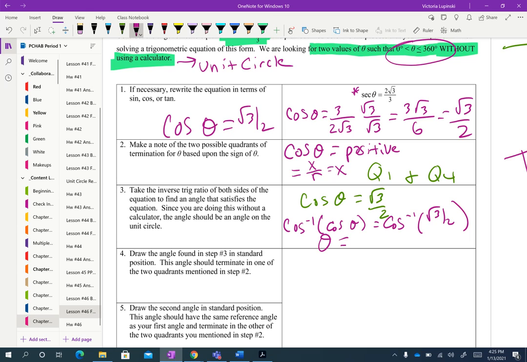So if you look at your unit circle, which again, I'll assume at some point you're going to memorize, but for now, if you were to look in quadrant 1, if you were to try to identify the degree measurement that would have a positive cosine of radical 3 over 2, that would certainly be 30. And then if you were to look in quadrant 4, that would be 330. So two different places on the unit circle where the cosine is equal to positive radical 3 over 2.